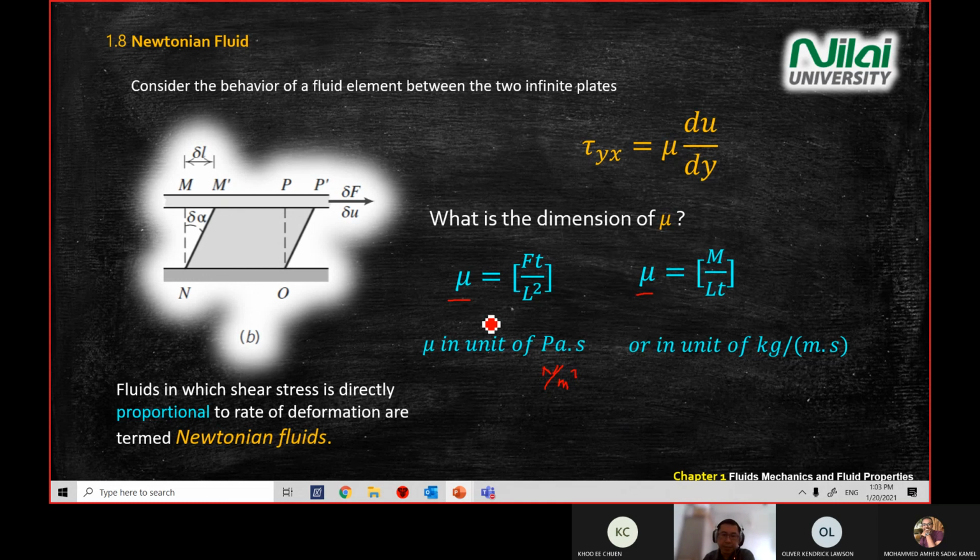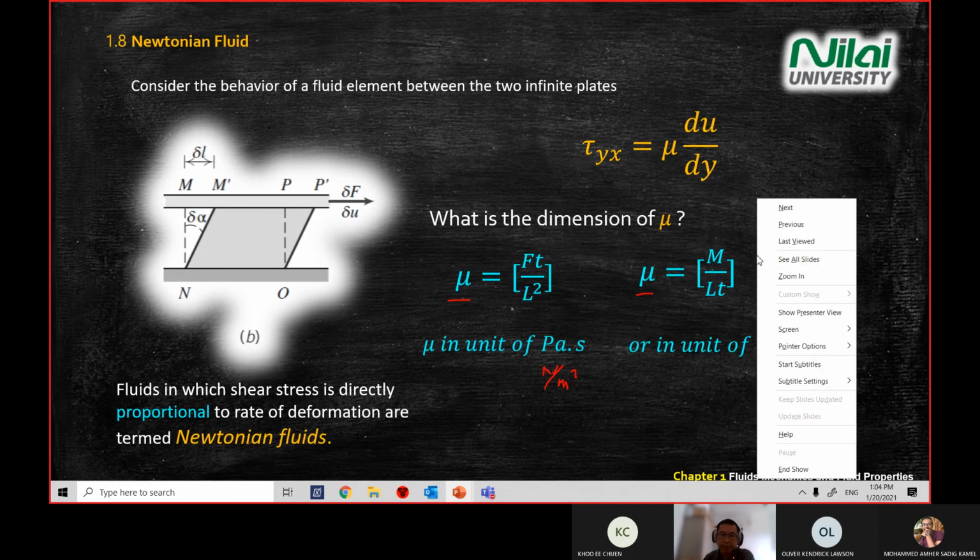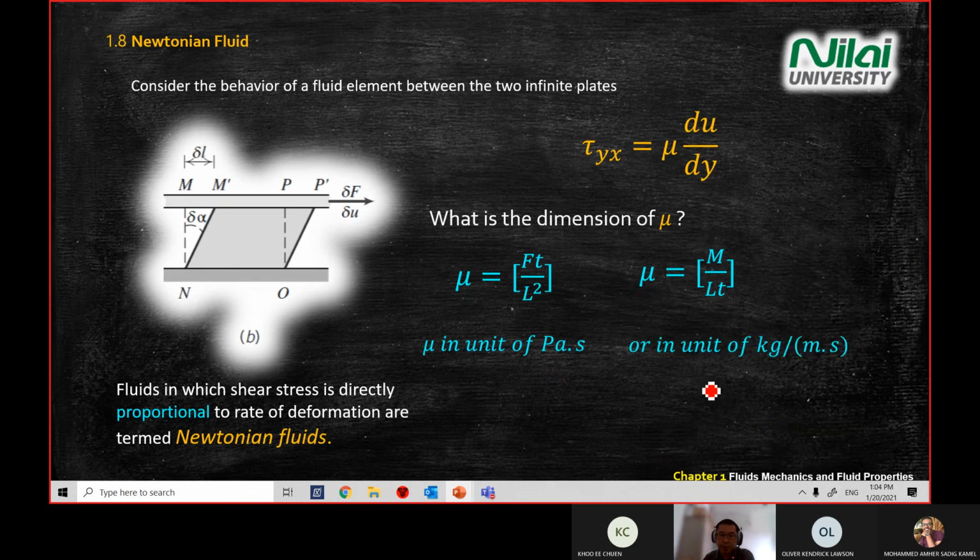Sometimes you need to convert the unit into Pascal, sometimes into kilogram. Conversion of the value of mu you can find in Appendix A.